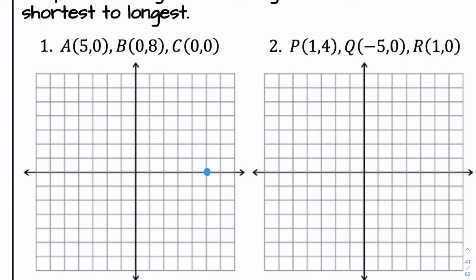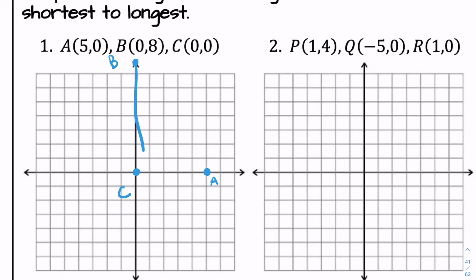This is A. B is 0, 8. So 2, 4, 6, 7, 8 is right about there. And C is 0, 0. So here's C. That's A and B. You know what, I'll just erase that and I'll just label it as C.